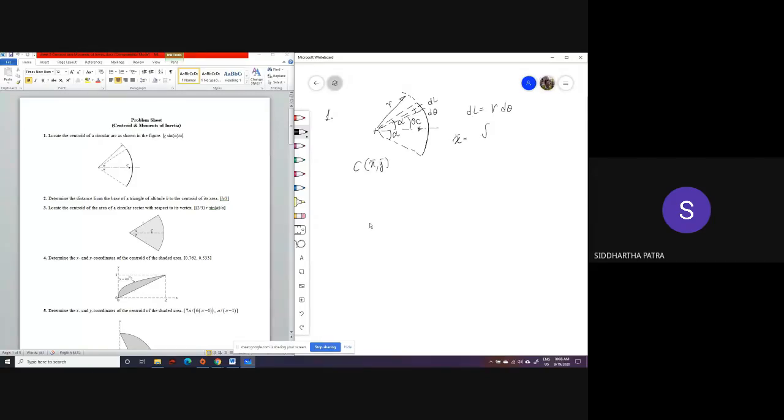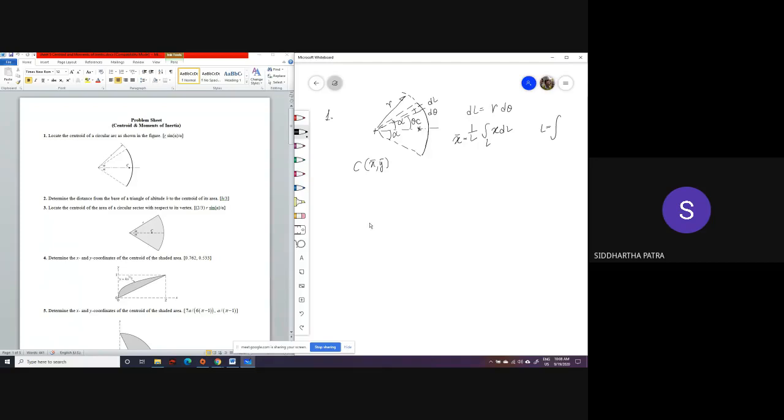So c is basically x bar and y bar. It is integration over the length of x dl divided by the total length. Now here I already know the expression for this L, but this L also has some definition.